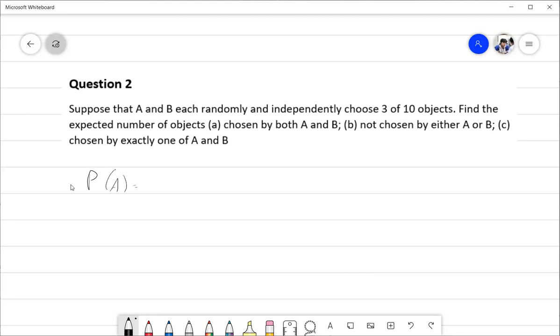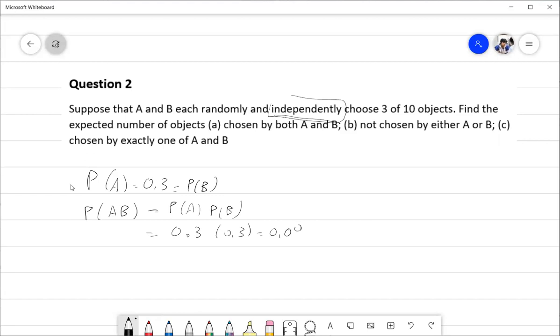So PA can be 0.3, and that'll also be the case for PB. Now I have to find PAB, both A and B. Because they mentioned that this is independent, and note independence is important in this case, I can separate this as PA times PB, and hence this becomes 0.3 times 0.3, which is 0.09.